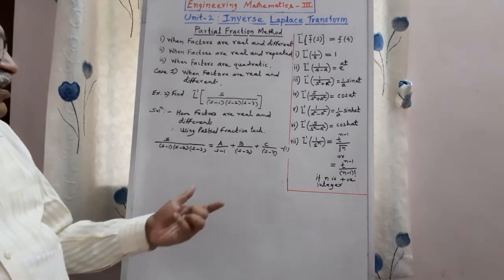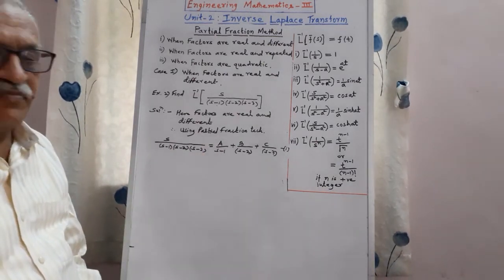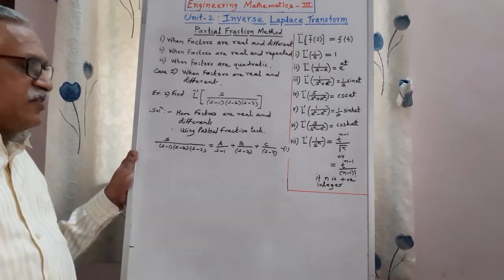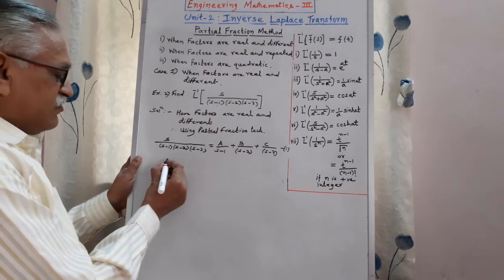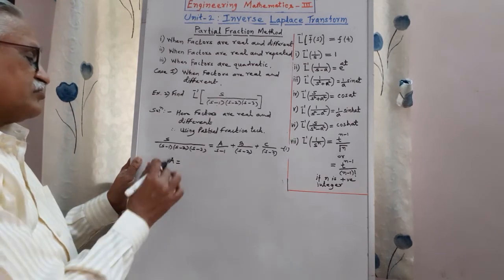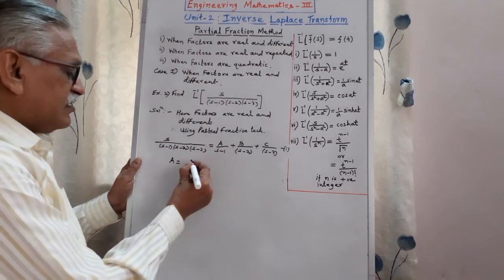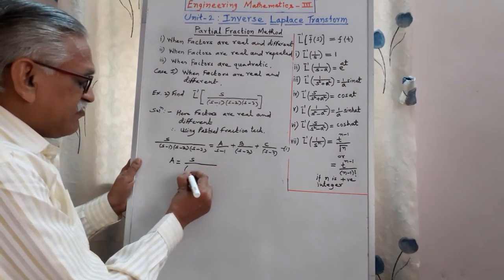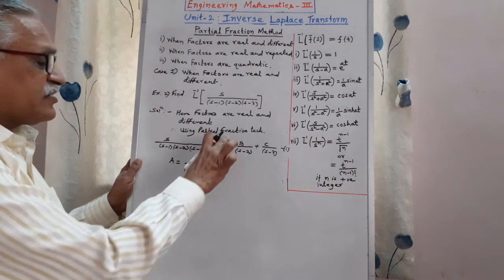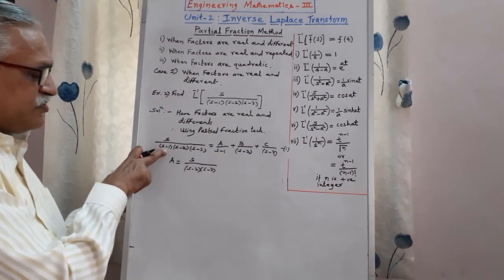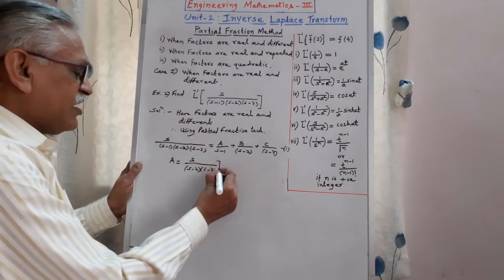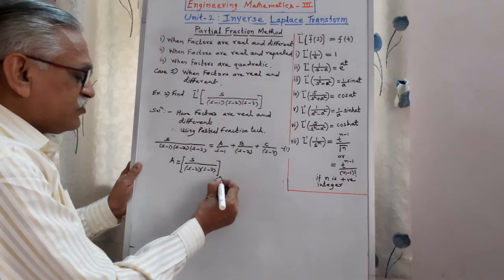Okay, and then by finding the LCM we can obtain the values of a, b, c. Or, another way to find the values of a, b, c: we can get the value of a as s upon (s minus 2)(s minus 3), neglecting the term s minus 1 below a.